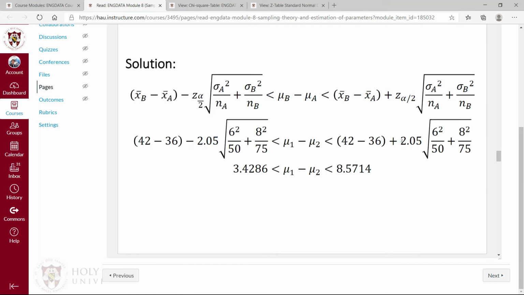That will be our alpha level z score, and simplifying these equations gives us the lower limit and the upper limit.